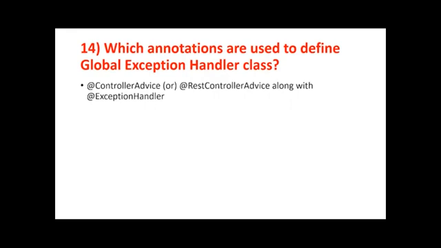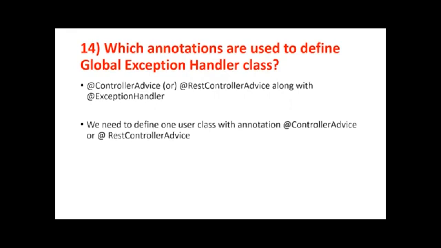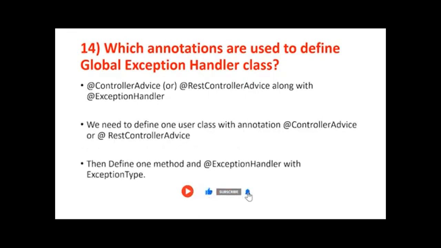If you're using Web REST, use @RestControllerAdvice. We need to define one class and annotate it with ControllerAdvice or RestControllerAdvice. Then we define one method, and on top of that we mention @ExceptionHandler. In the parameter we can mention the exception type, like UserNotFoundException, InsufficientBalanceException, or parameter type exceptions.